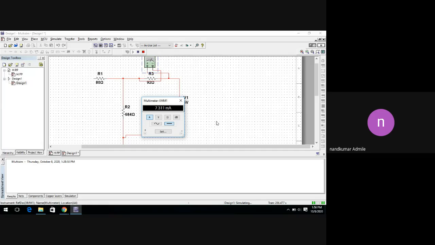The next parameters we'll take in the next practical session. For today's practical session, we take only the H parameter. If you want to practice, you can do the practice.